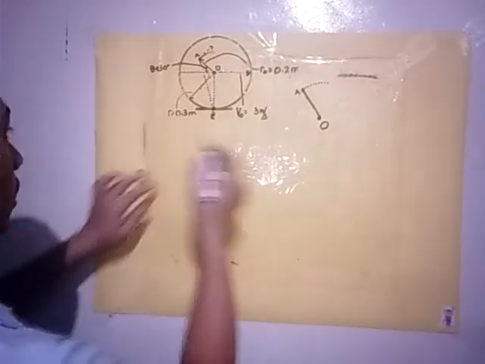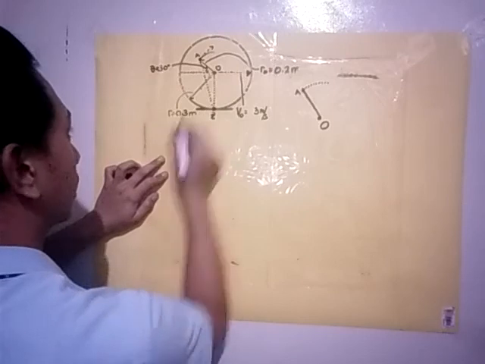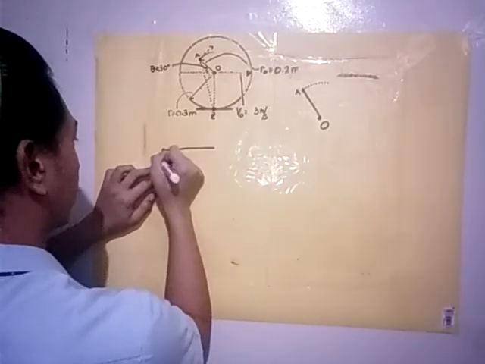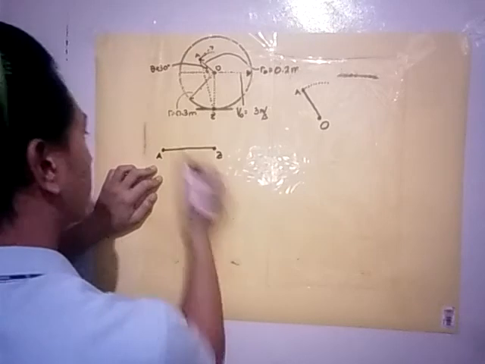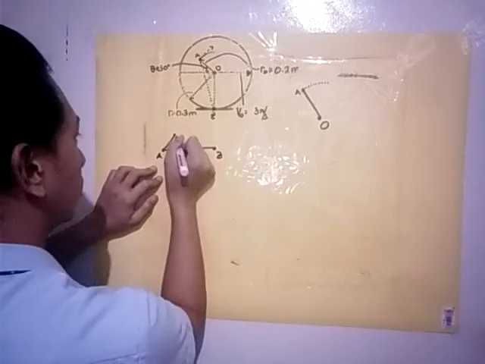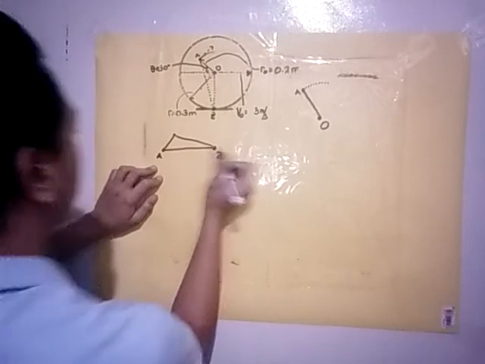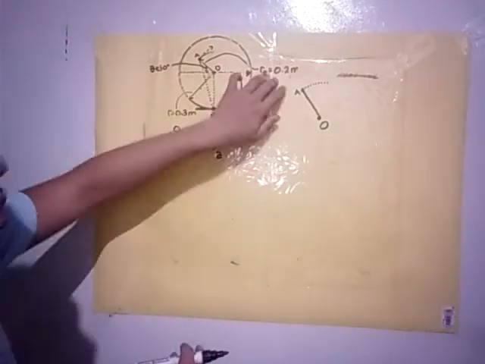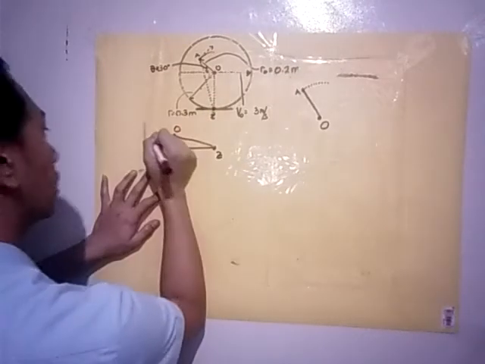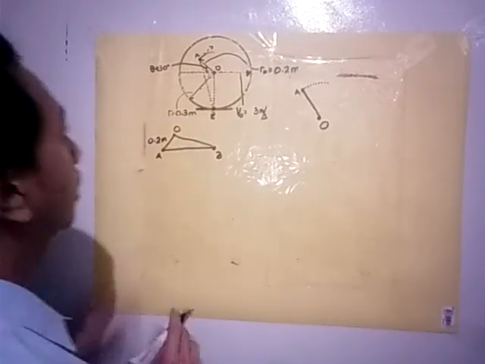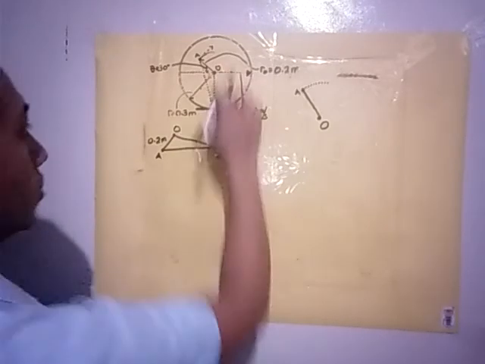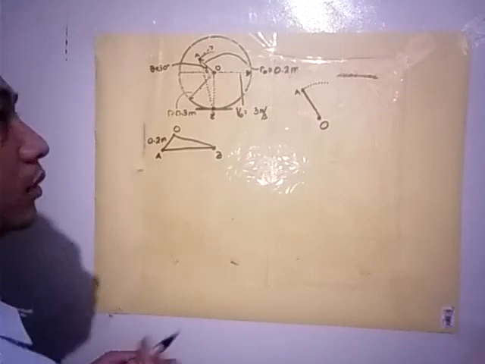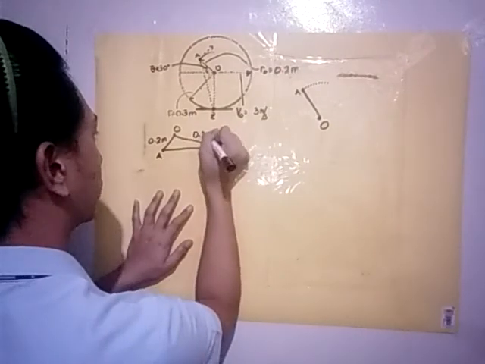So calculating the line AZ, this is the point A, and this is the point Z. This is our point O. The distance from A to O is 0.2 meters, as I said earlier. The distance from O to Z is also equal to the radius of our wheel, so this is 0.3 meters.